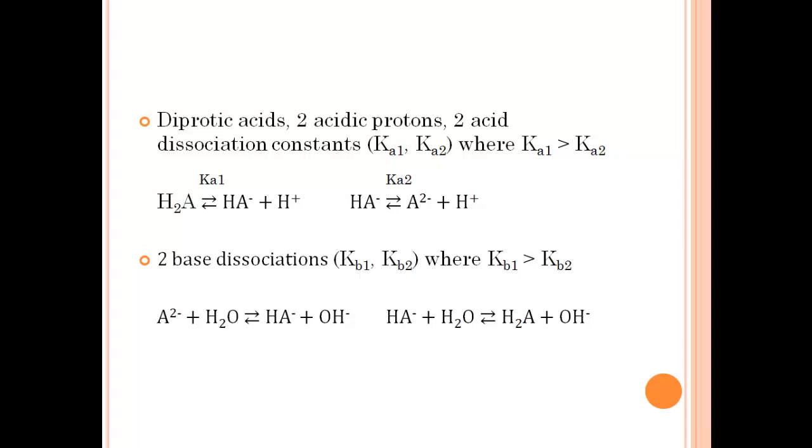The same argument goes for Kbs if you're doing a weak base, a base dissociation. If it's a diprotic base, you're going to start with A2-, add water, and that's going to become HA- plus OH-, and then that HA- is just going to add another proton and become H2A. So these are the very general descriptions of diprotic acid and diprotic base reactions.